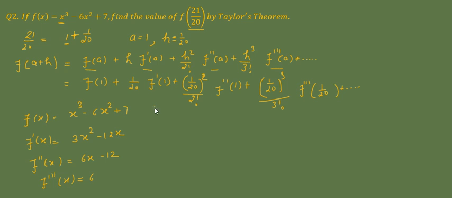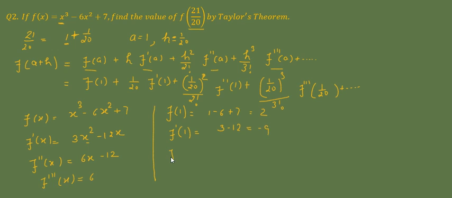Now calculate these derivatives' values at 1. So first we compute the value of the function at 1, because a is 1 here. So put 1. So 1 minus 6 plus 7, that is 2. Now compute the first derivative at 1. 3 into 1 minus 12, that will be minus 9.